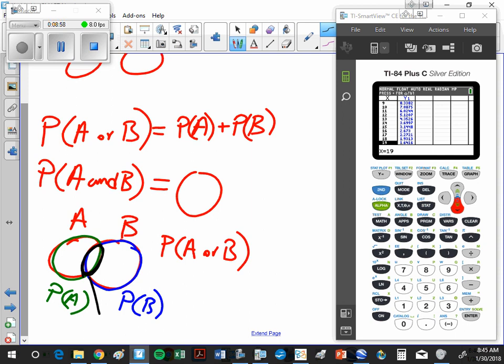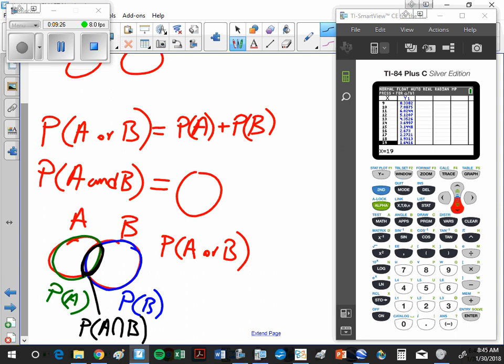If we have two graphs and they hit each other, what do we call that point? The intersection. Okay? And the symbol for intersection is like an upside down U. So this is the probability of A intersect B. It's kind of like an upside down horseshoe.